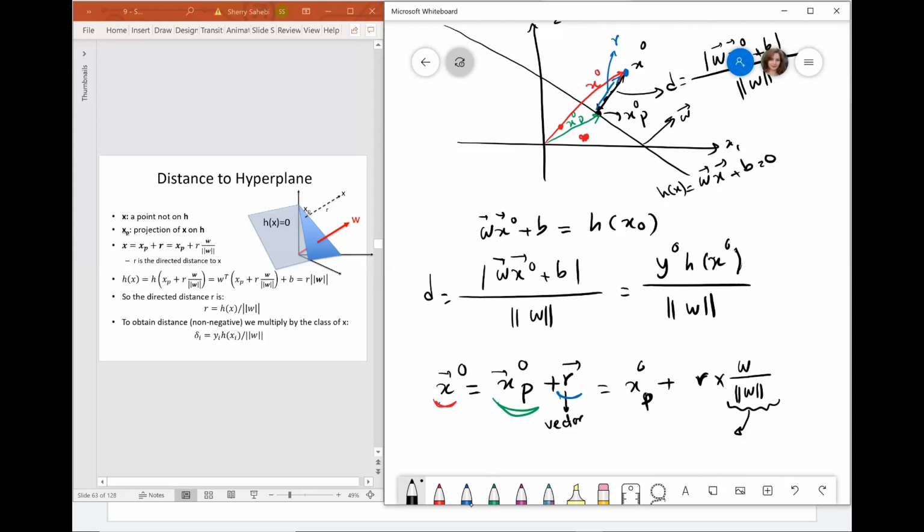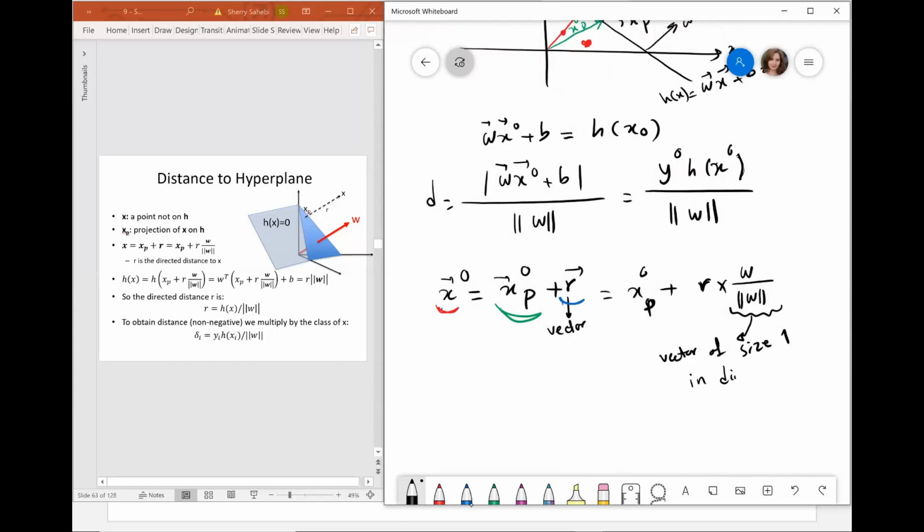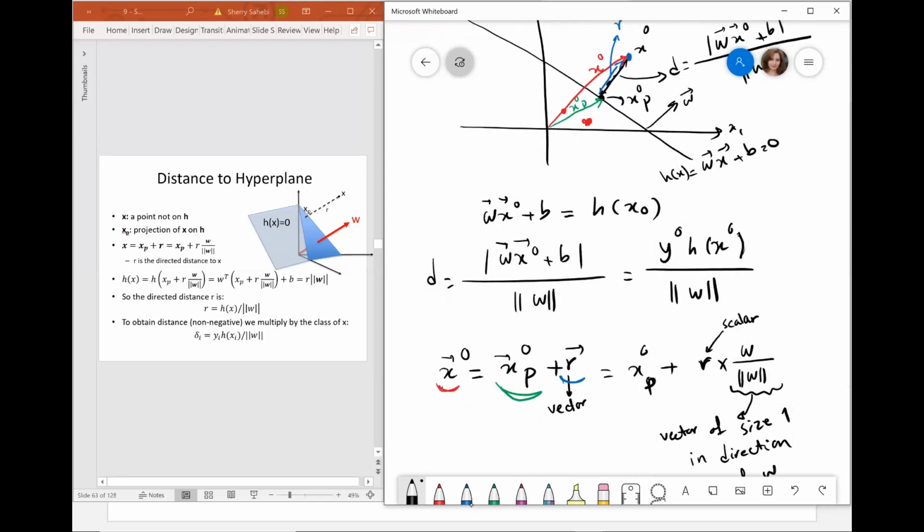This is a vector of size 1 in the direction of w, and this is a scalar that is going to tell us how large this r vector is. Okay, so this r vector is the directed distance of x0 to the line, and this is the scalar value.